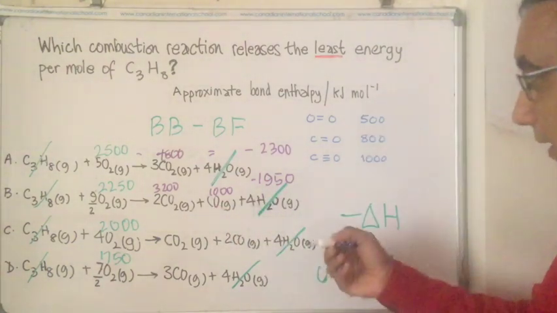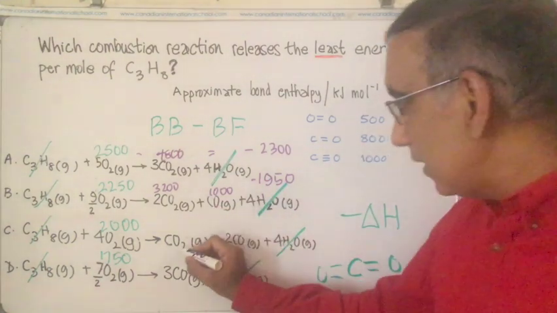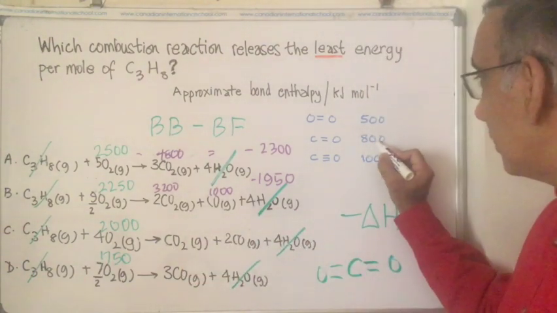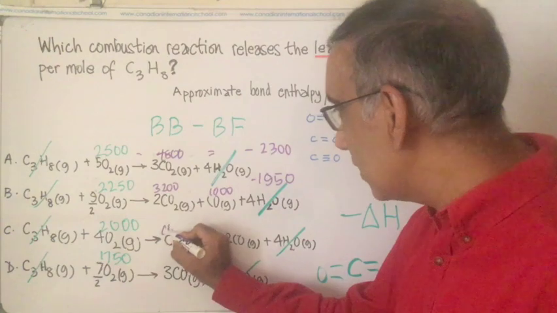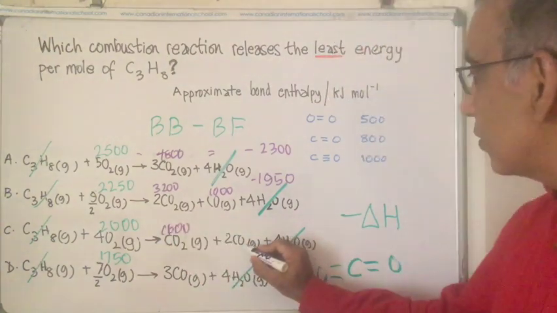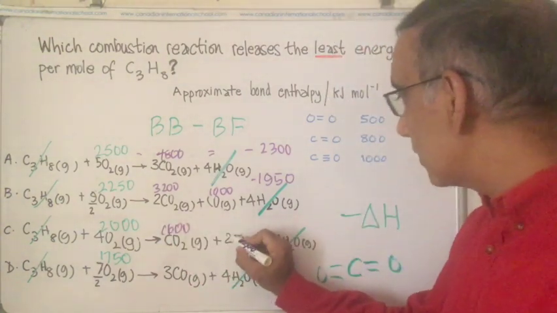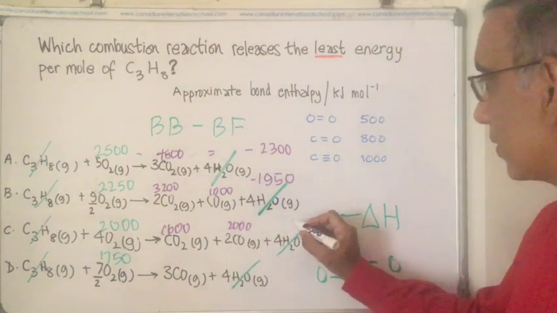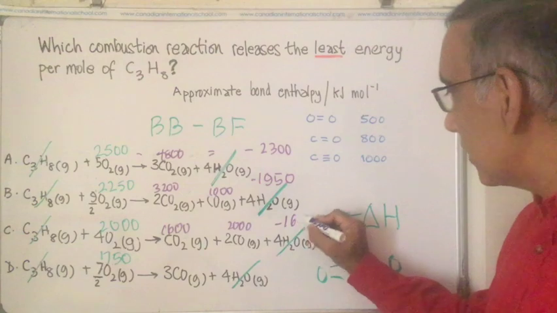But going down to get all of the answers, we'll see that 1 CO2 here, that is going to be 2 multiplied by 800, 1600, and 2 COs, that will be 2000. 3600, this would come to negative 1600.